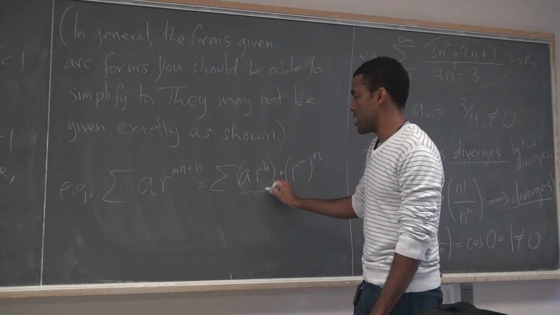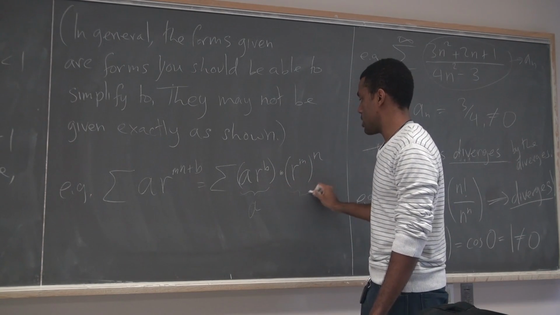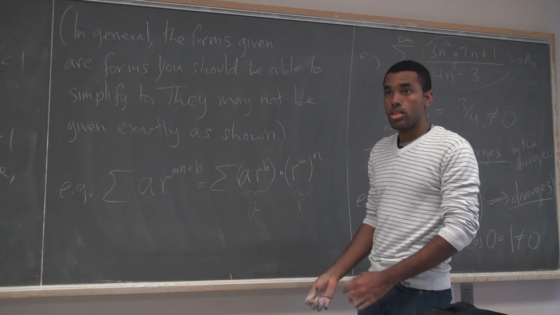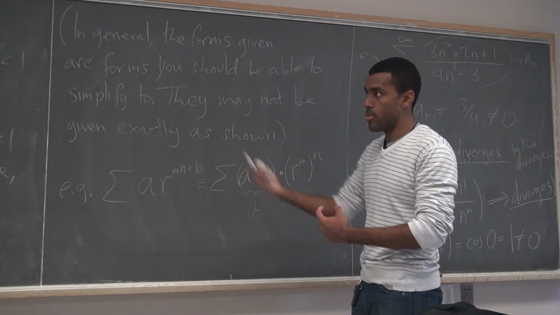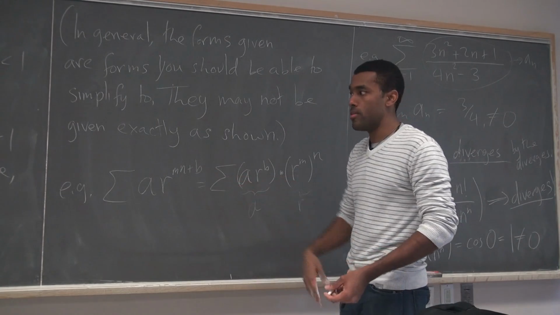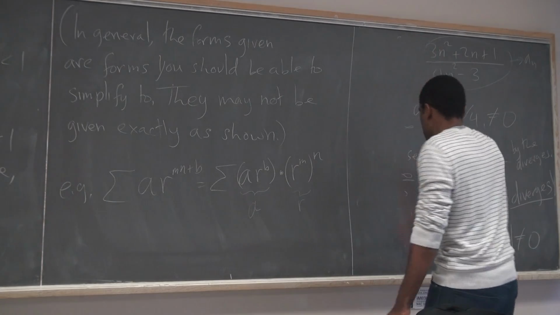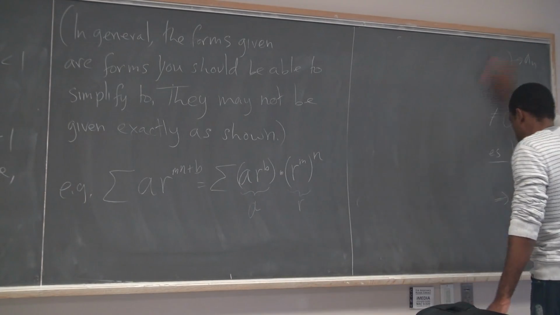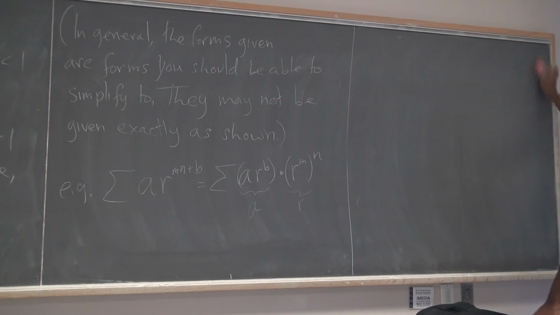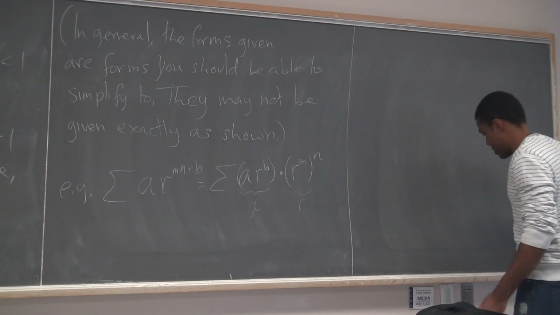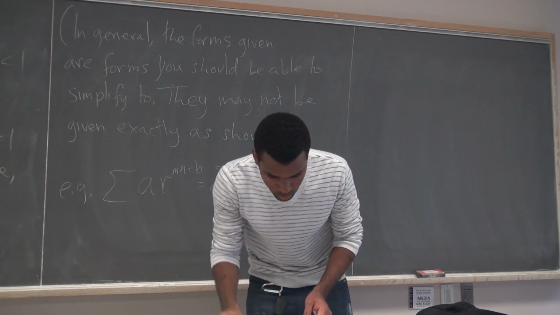Where this guy is like your a constant and this guy is like your r constant, right? So as long as you can simplify to get that form, that's okay. It might not be given to you like that. It might look very different.